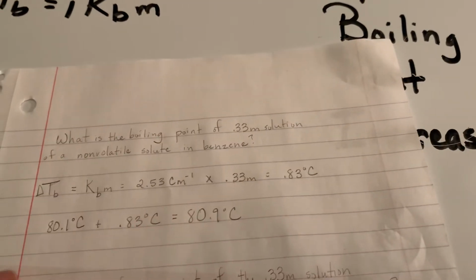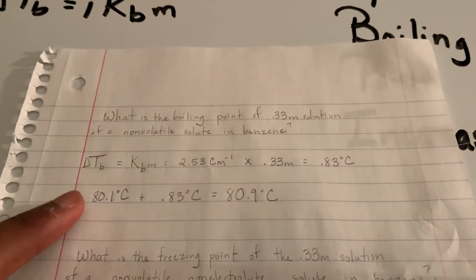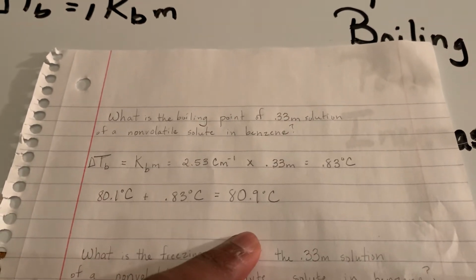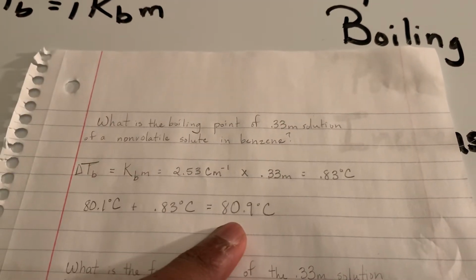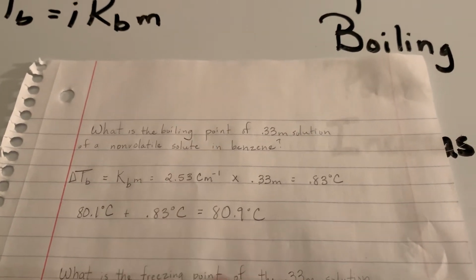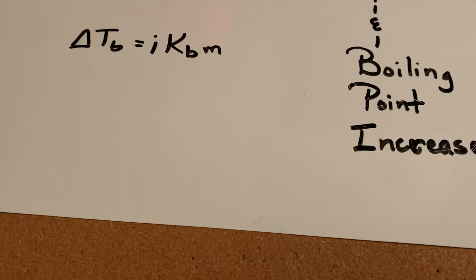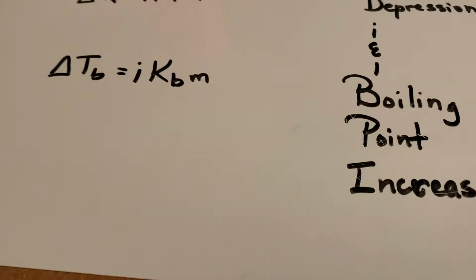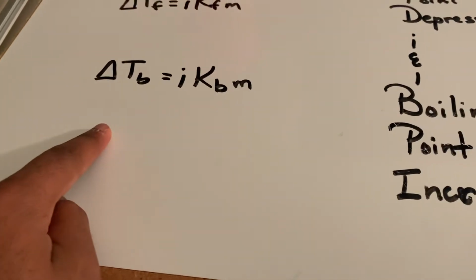To figure out our new boiling point, we add that to the original boiling point, and that would be 80.9 degrees Celsius. Whenever we're trying to find the change in boiling point, we would use this equation.